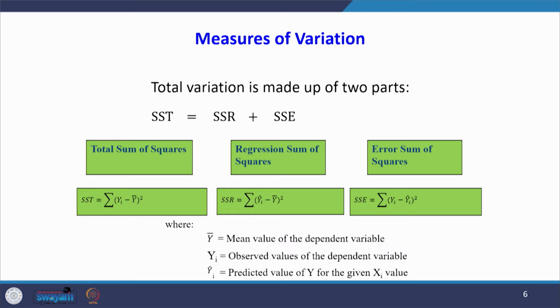I will explain in the next slides how we got this: SST equals the sum of yi minus y bar whole square, regression sum of squares equals y hat minus y bar whole square, and error sum of squares is yi minus y hat whole square.